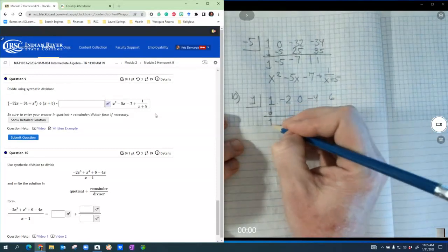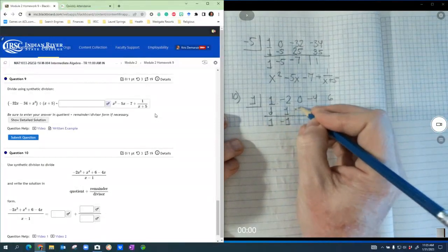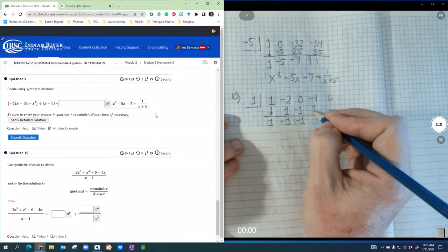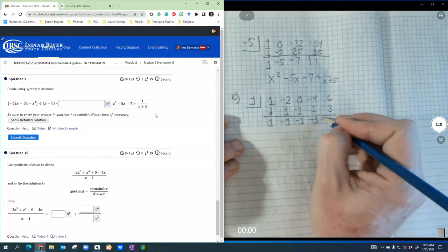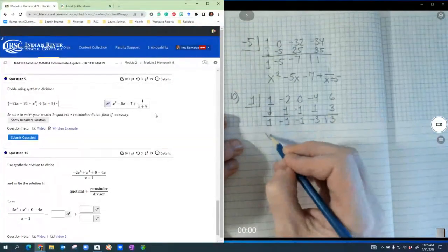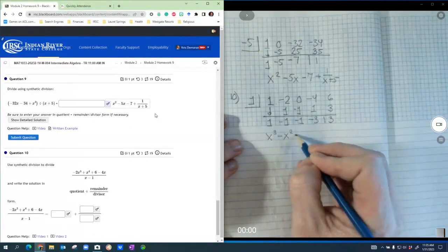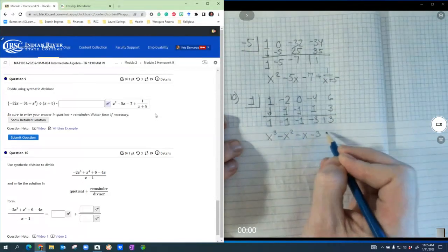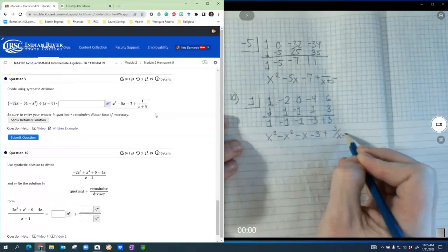And then drop, multiply, add, multiply, add, multiply, add, multiply, add. Now we have x to the third minus x squared minus x minus 3 plus 3 over x minus 1.